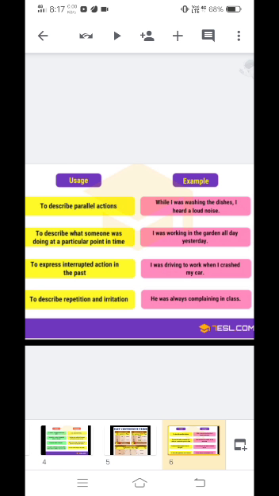To express interrupted actions in the past, like I was driving to work when I crashed my car. To describe repetition and irritation, we may say, like he was always complaining in class, like he always repeated, he always does the same thing, like that. Okay.